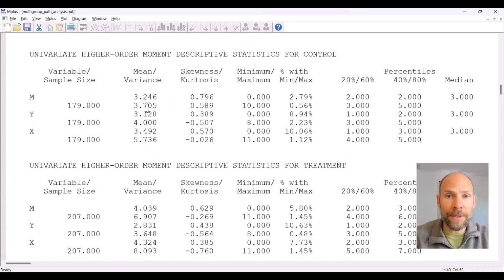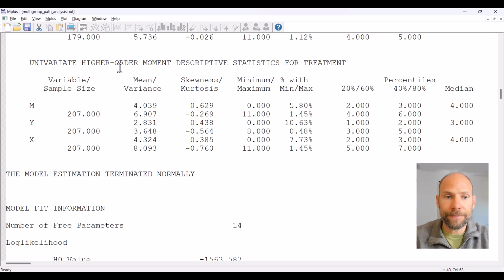Below are other descriptive statistics for those two groups, including the skewness and kurtosis, minimum and maximum, percentiles, and the median, which you also get for each variable and each group separately.